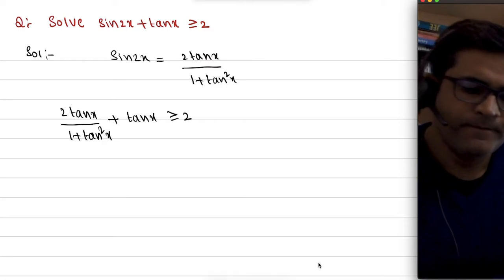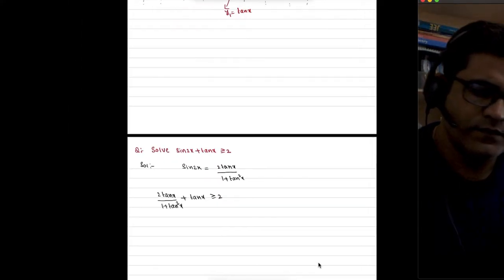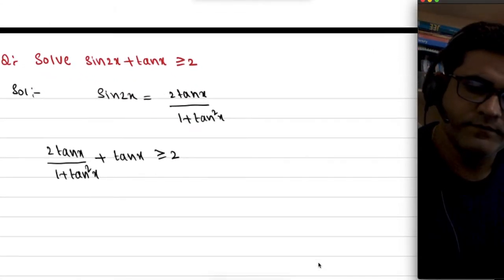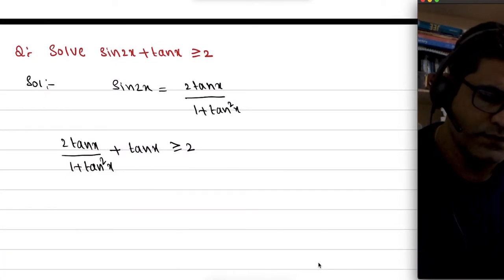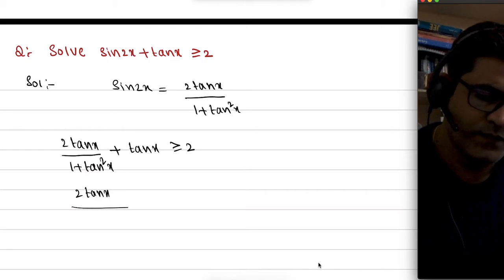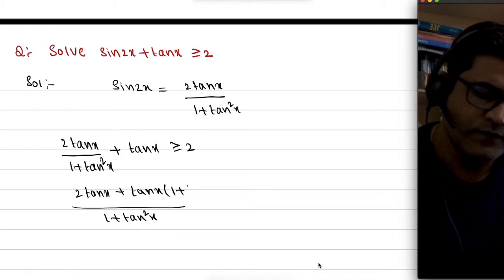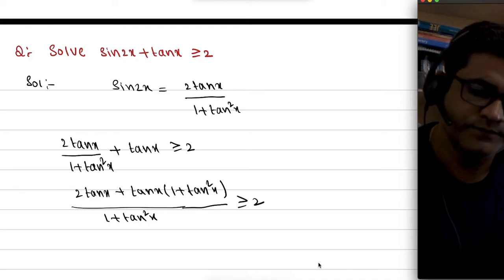So if you take the LCM, here this is 2 tan x, here 1 plus tan square x is LCM, therefore 2 tan x plus tan x into 1 plus tan square x is greater than or equal to 2.